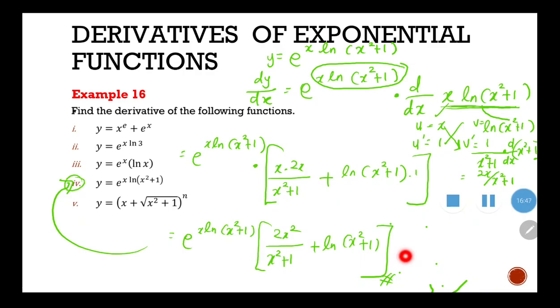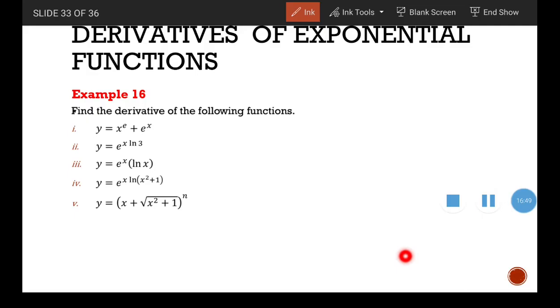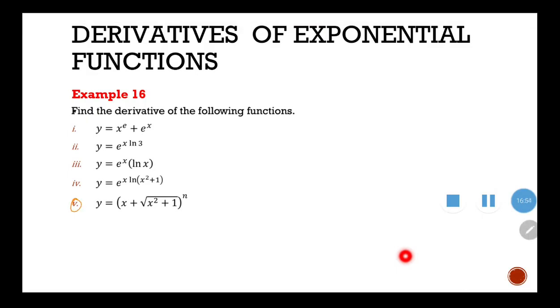Okay, now we're going to solve question number 5. Question number 5 looks a bit tricky, but it is solvable. Don't be afraid. Now we have y equals x plus the square root of x square plus 1, to the power of n.